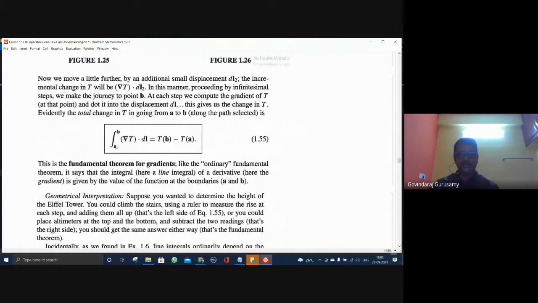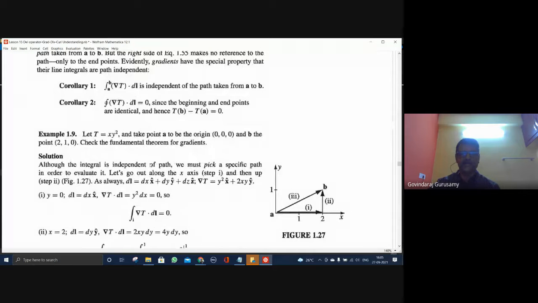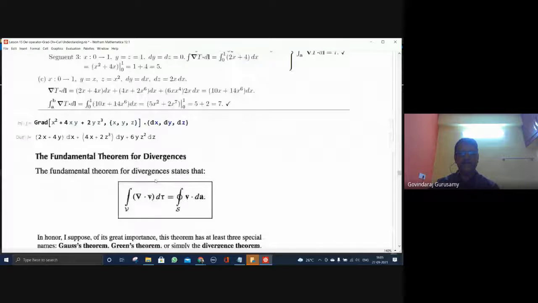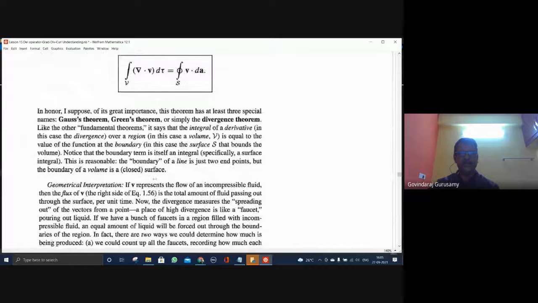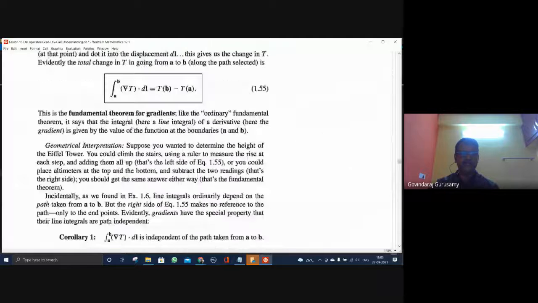You can see here, this is the most exciting thing: gradient dot dl, the magnitude depends on the value of the function at the endpoints. So we will spend some time in the next class. And then we try to work out a typical example, which are all given in the Griffith solved problems, but we should get a thorough feel of that. What is really happening with respect to this?